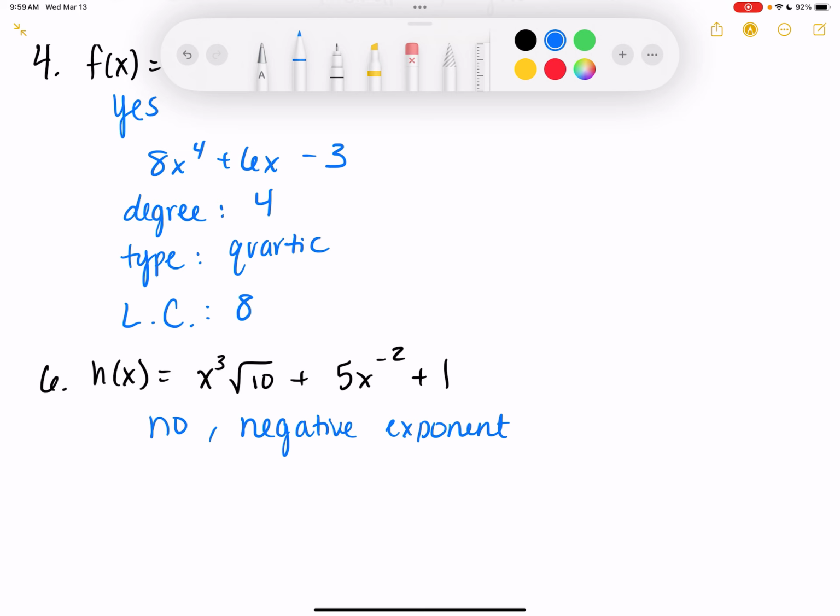One more of these. G of x is equal to 8x cubed minus 4x squared plus 2 over x. Is this polynomial?